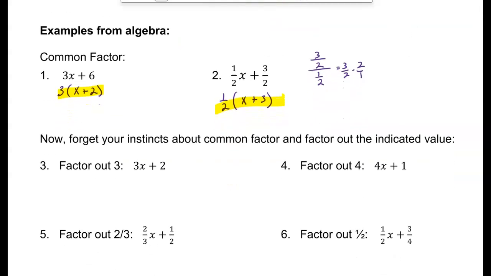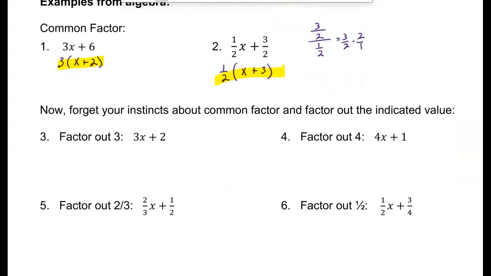Okay, now, here's the thing. Throw that out the window and still think mathematically. What would I do here if I say, all right, throw this out, and I still want you to factor out a number? If I factor out a number, I'm really distributing something, correct? So here's my question.